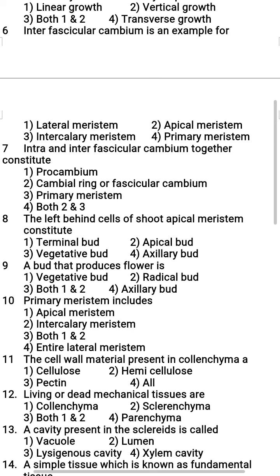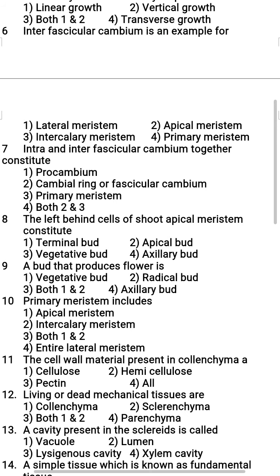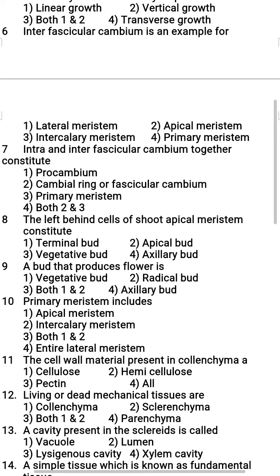Let me explain this question in detail. While the shoot tip is growing towards vertical direction, phototropism direction, some meristematic cells are left behind. Then the leftover meristematic cells form the axillary bud at the axil region.